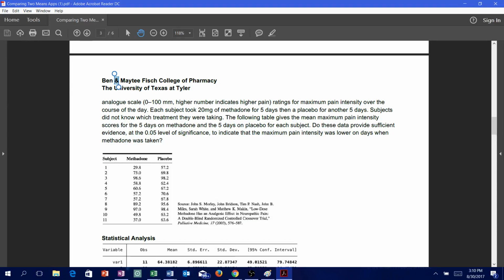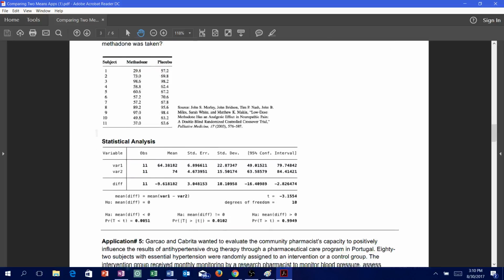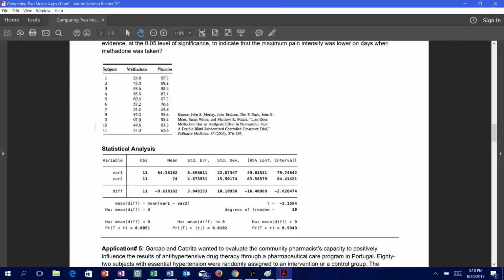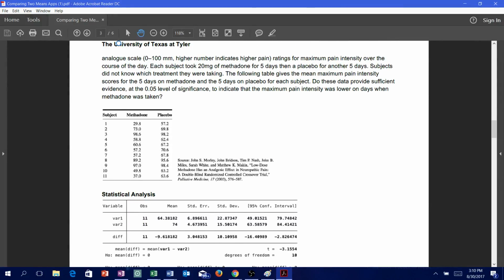Okay, so we just did the placebo. On number 4, because it says on the analog scale it's 0 to 100 millimeters. And then for different levels, there was not. So it'd be negative 9.618182 millimeters.